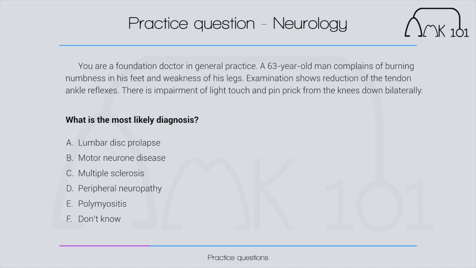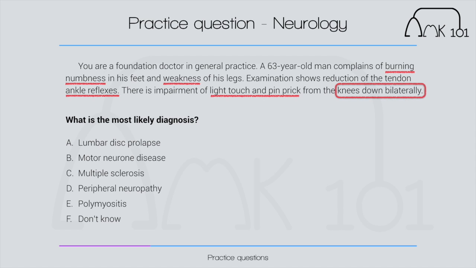So let's go back and see what the problem is here. The man says he's got burning numbness in his feet, a weakness in his legs, and there's an examination which shows he's lost his ankle reflexes. They would tell you if he'd lost his knee reflexes, so those are present. And it tells you there's impairment of light touch and pinprick from the knees down bilaterally, which is a distal sensory loss.